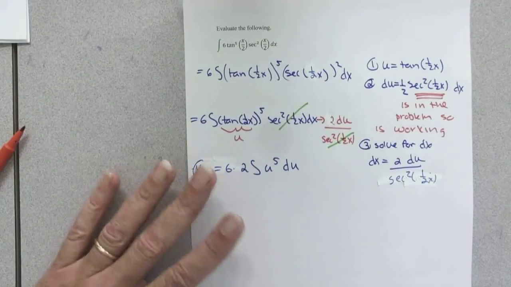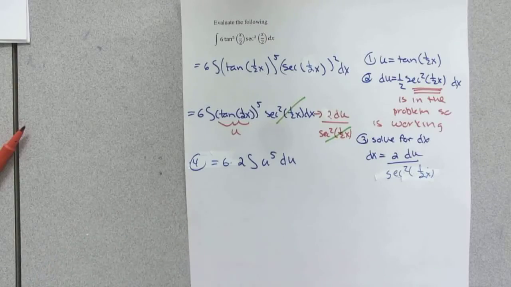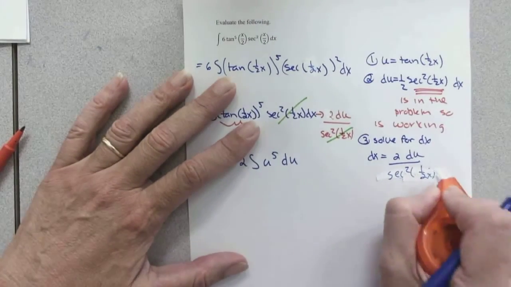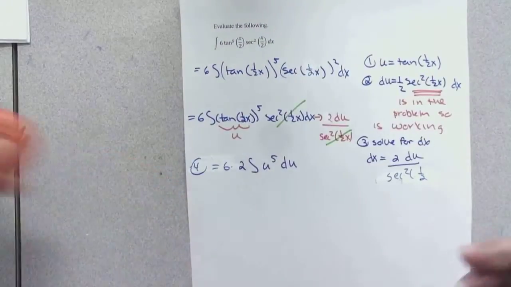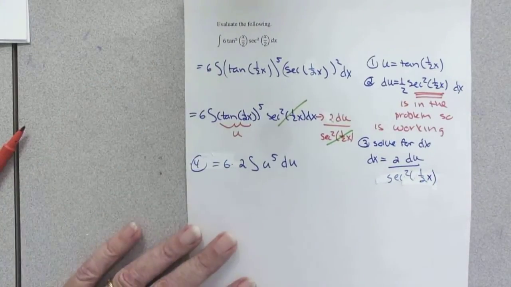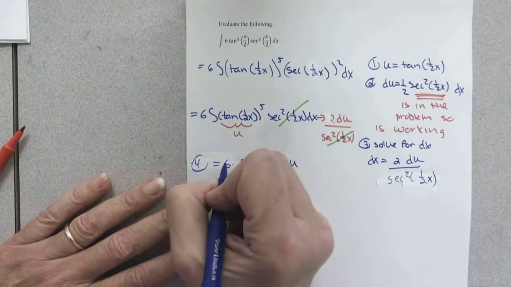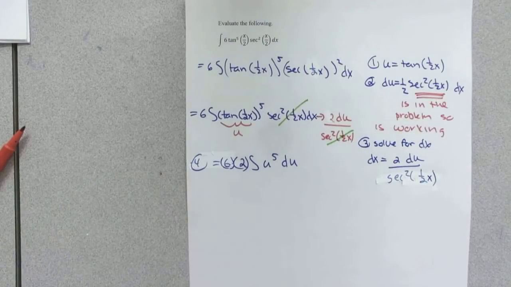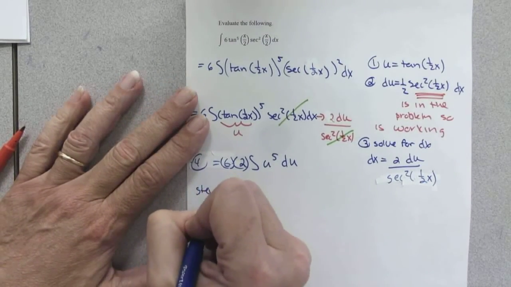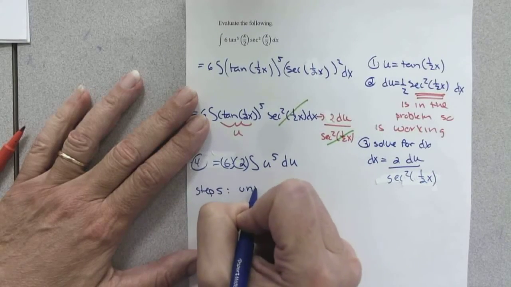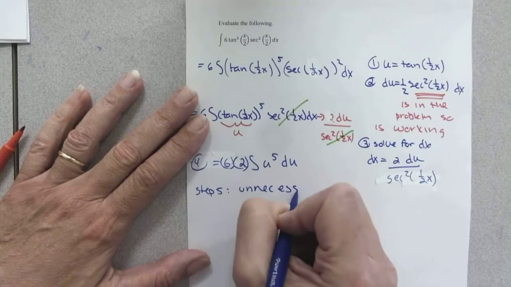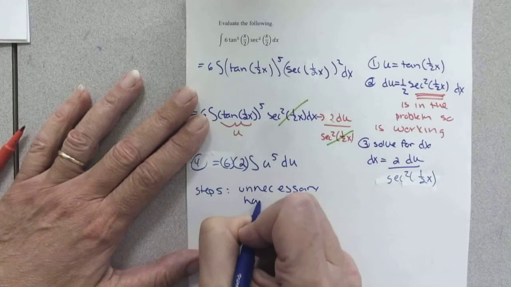And there is the point of u substitution. I took a problem that was really quite complicated looking, did my u substitution, and came up with something that's really quite easy. Step 5, still unnecessary. We'll eventually get to it. I have one variable.